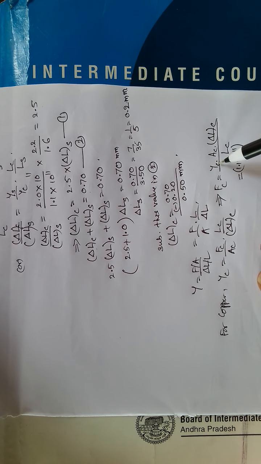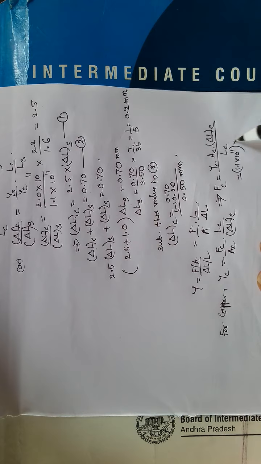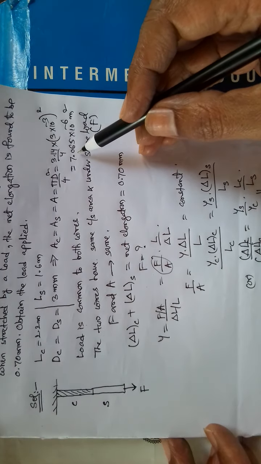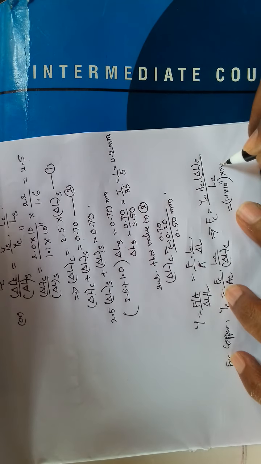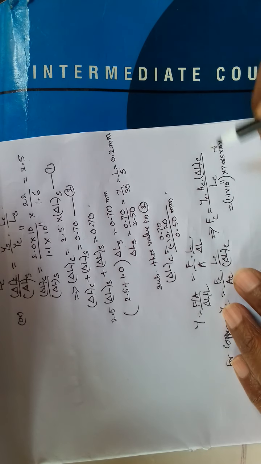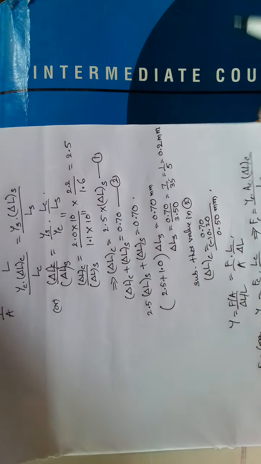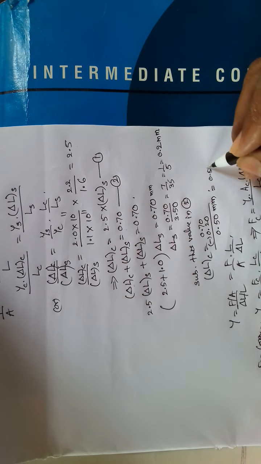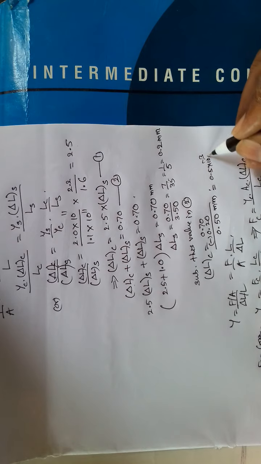Young's modulus for copper is this much, and the cross sectional area you have calculated as 7.065 into 10 power minus 6, and here elongation of copper is 0.50 mm, means 0.5 into 10 power minus 3 meter.